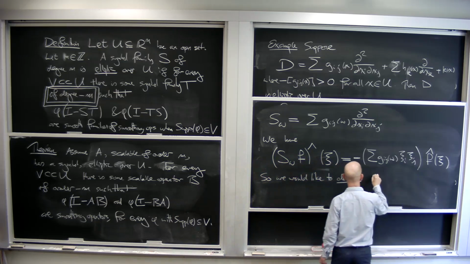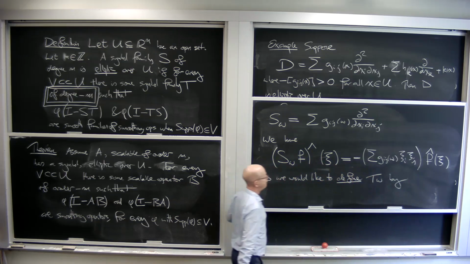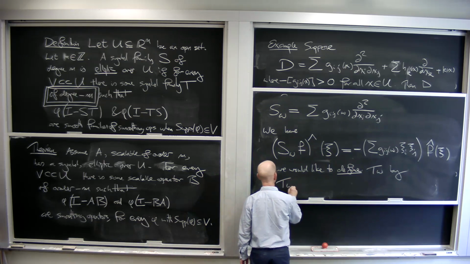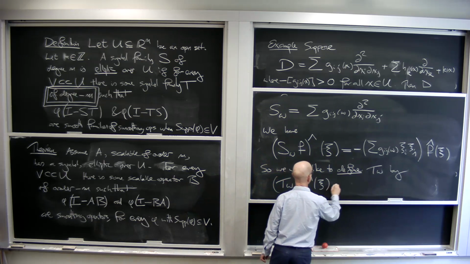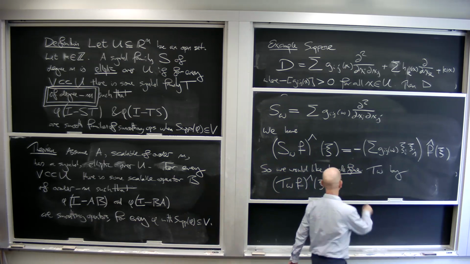Okay, so we would like to define T omega by just inverting this thing. So T omega f hat of xi should be, well, I'm just going to invert this fellow.